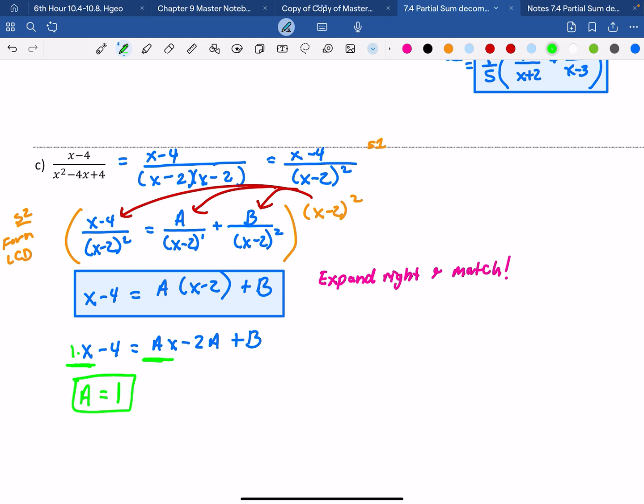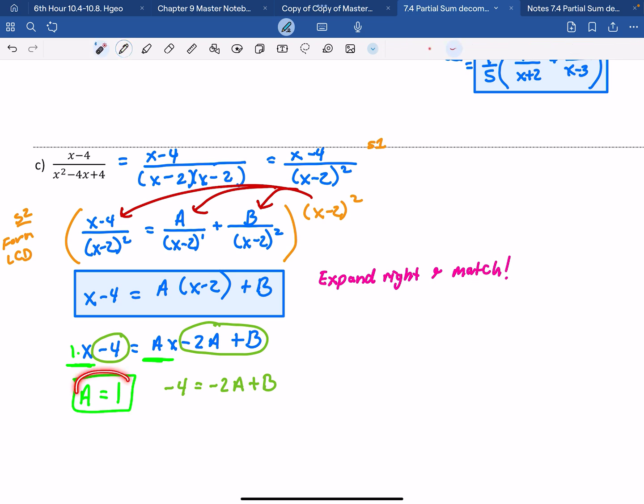Now for the next part, watch closely here. -4 is the constant. Well, this component on the right is the constant, so they match up. So I know that -4 on the left must equal -2a plus b on the right. Well, we just found what a is. a is equal to 1.